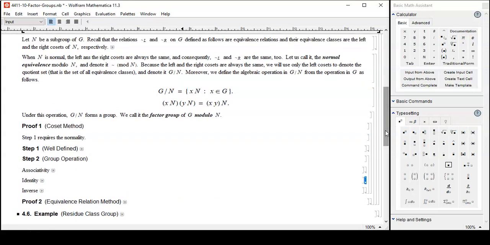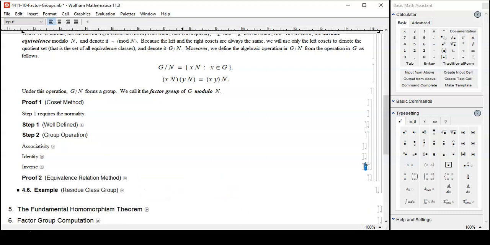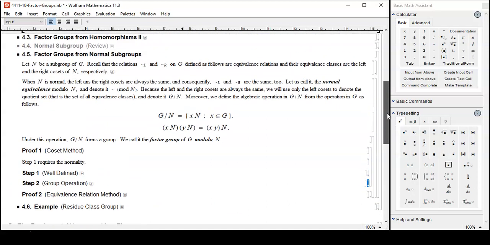Again, the same idea. Everything was induced from the operation of G, so use x inverse in G. So if you have xN, the candidate is x inverse N, and indeed, you get the identity to the left or to the right. The second part, step 2, is much easier.